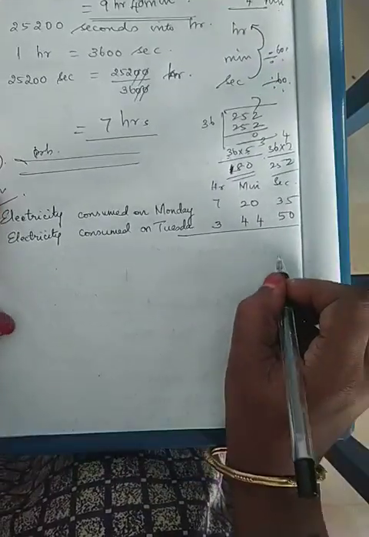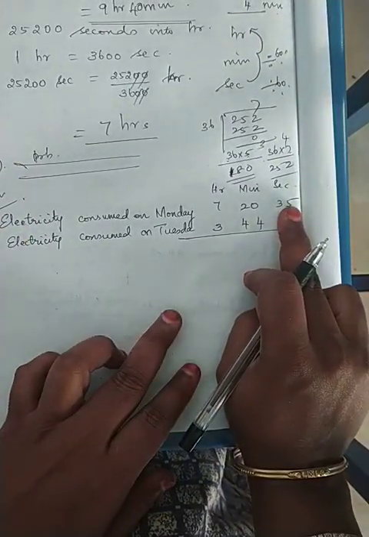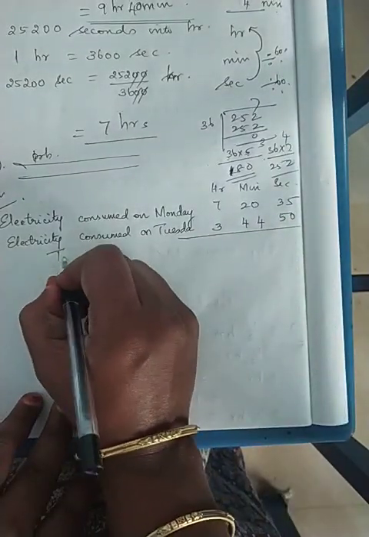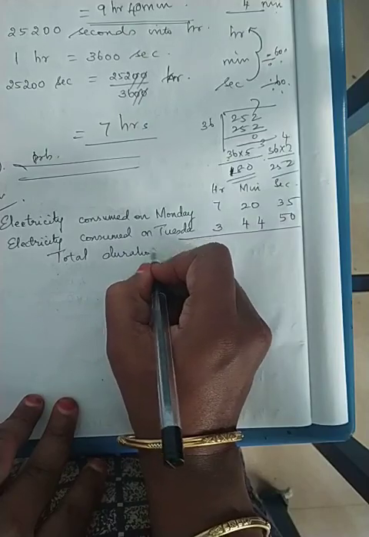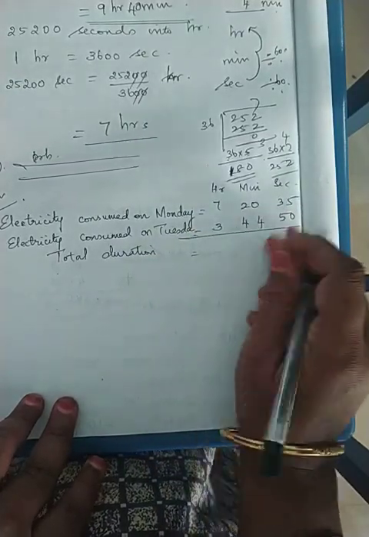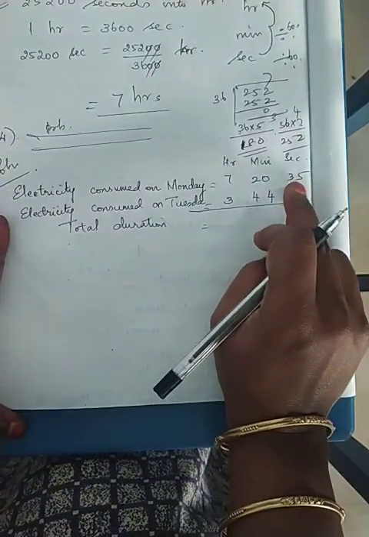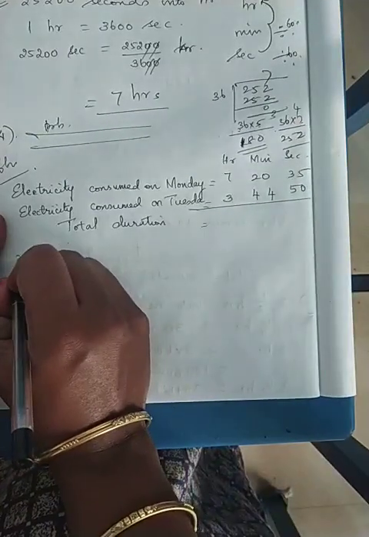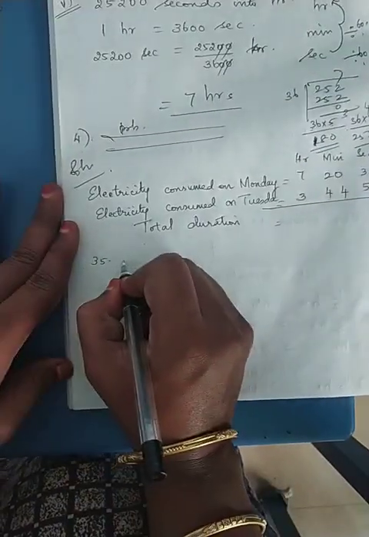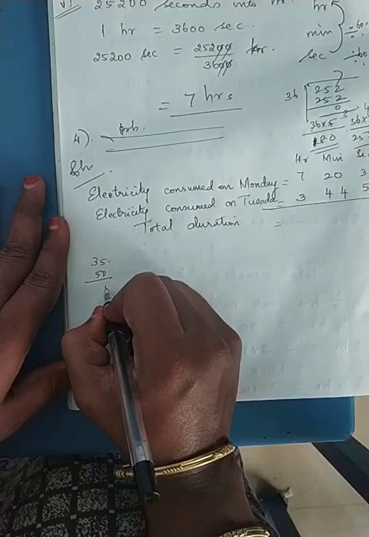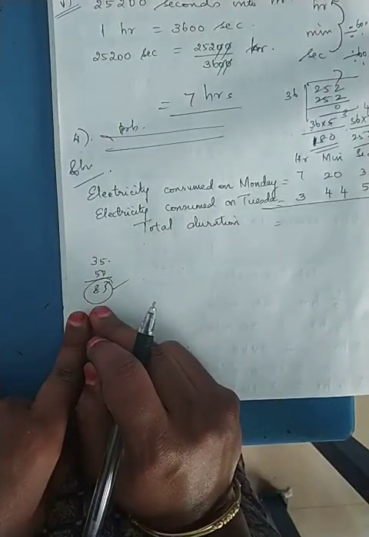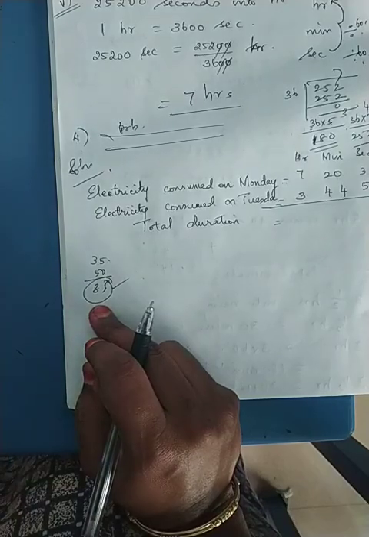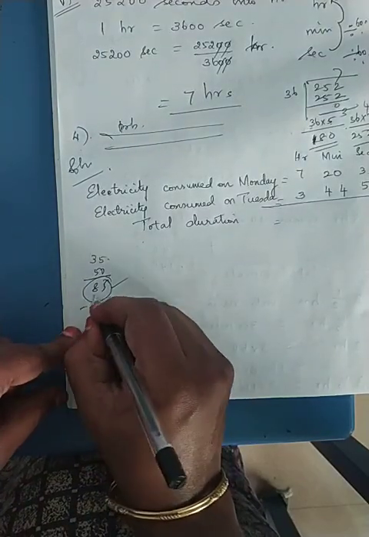Now I am going to add only the second section. So the total duration is equal to, I am going to add. So first when I am adding 35 plus 50, what is happening? Take it in the rough column. 35 plus 50 will become 85. I cannot leave 85 like this because 60 seconds will make 1 minute. So I will subtract 60.